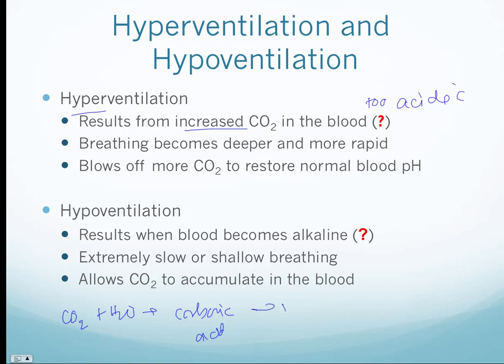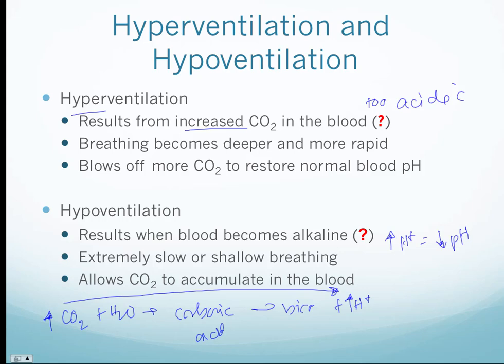That's going to dissociate into bicarbonate and lots of that hydrogen. And so with the hydrogen, an increase in carbon dioxide will lead in this direction, increasing the amount of hydrogen. Anytime you have a high amount of hydrogen, once again, that means very acidic, having a low pH.